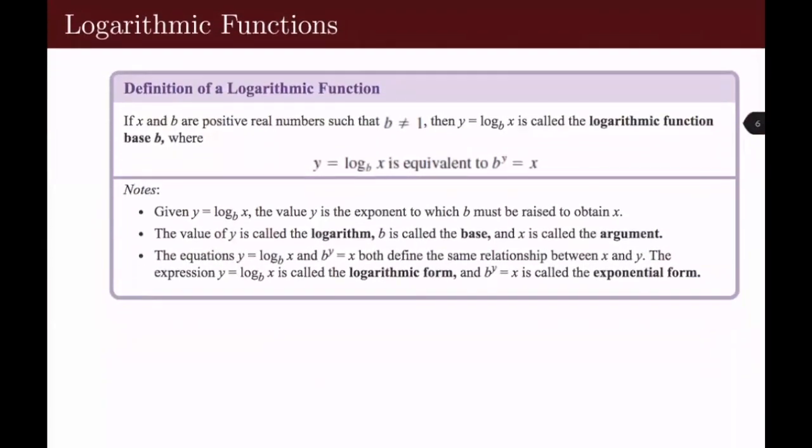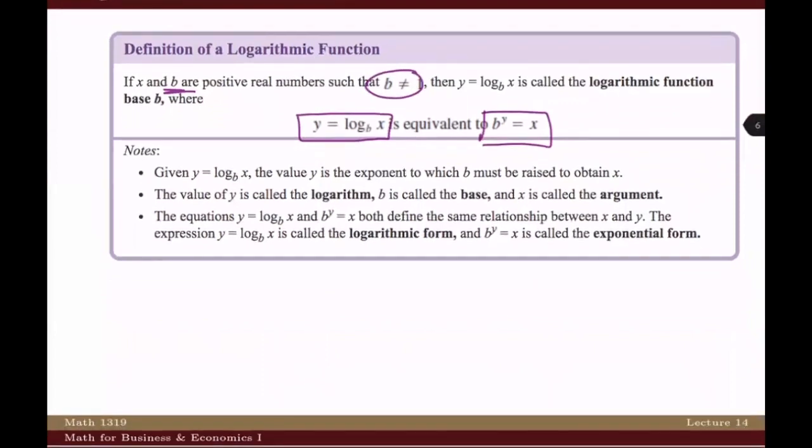So logarithmic functions. Logarithmic functions are kind of like undoing an exponent. So you see y equals log base b of x is equivalent to b to the y equals x. Now it's very important that all the bases are positive real numbers and that they're not equal to 1.